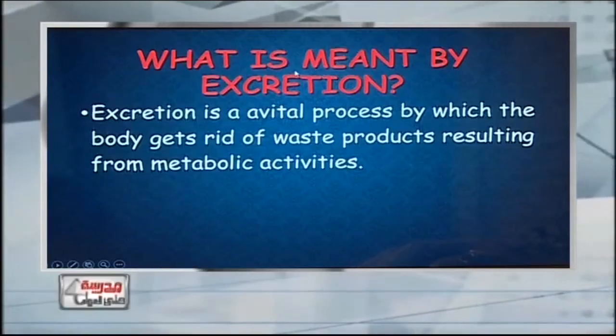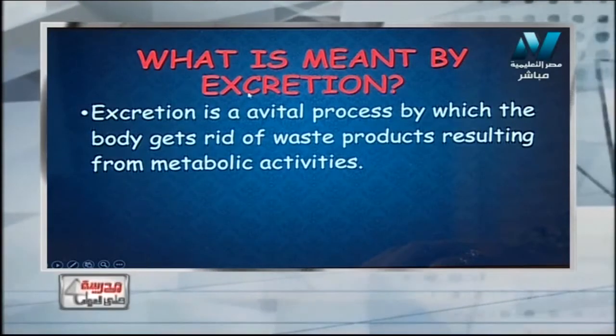The living organism must get rid of these waste materials that are produced from metabolism, catabolism, and anabolism. This is why many living organisms have different ways of excretion. Let's start today by definition.